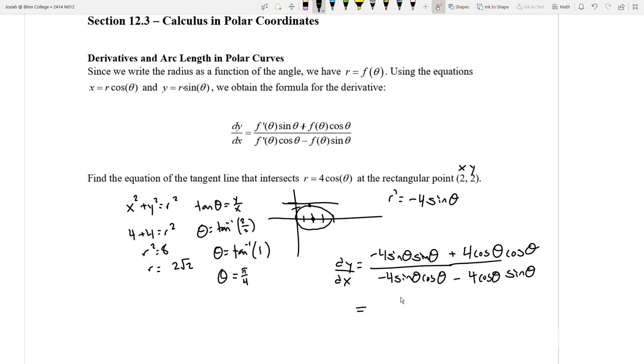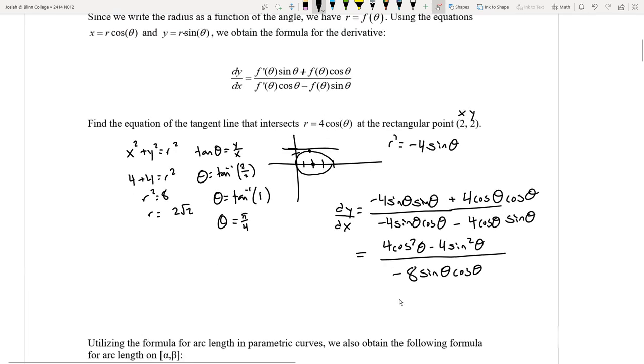So on the top here, we've got 4 cosine squared of theta minus 4 sine squared of theta over, looks like negative 8 sine of theta cosine of theta. And using what we know about our double angle formulas, we can go ahead and express this.